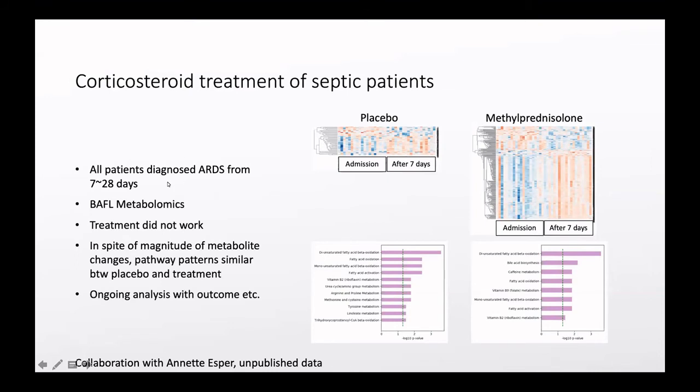So we are looking at metabolomic data from their bronchial lavage lipids. We had a placebo group and a treatment group. Then we are looking at the metabolic profile seven days after hospitalization.